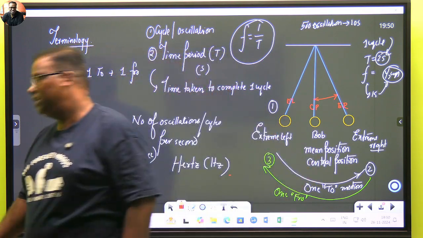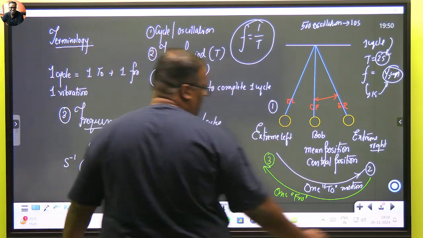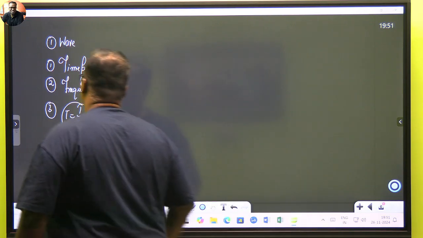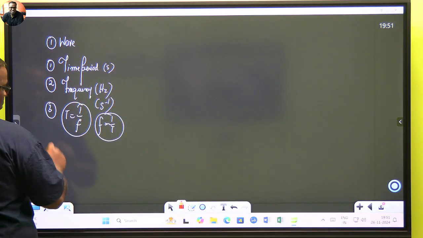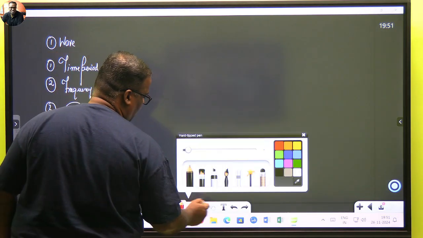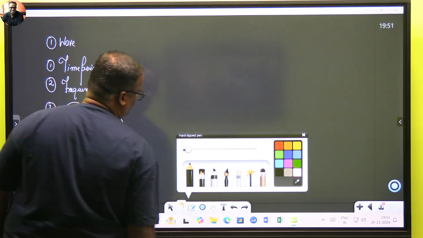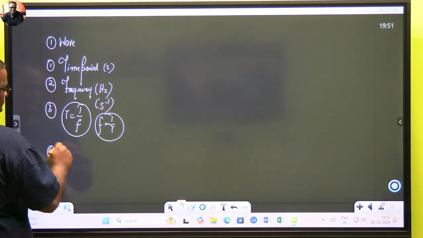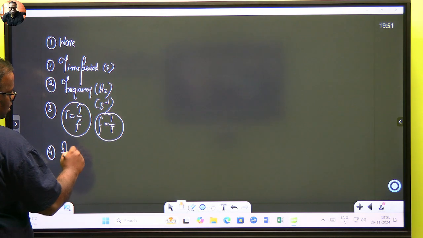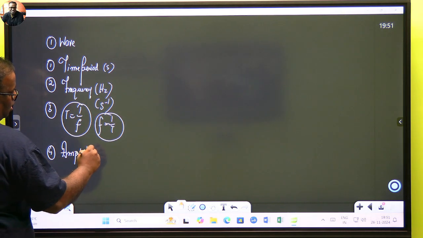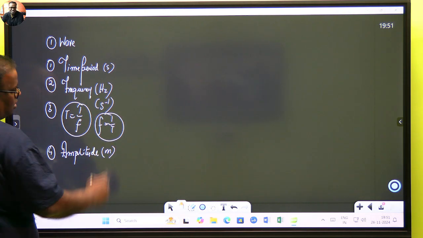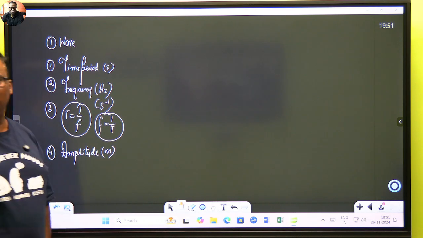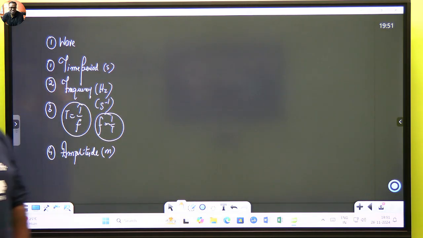So let us write that definition further. Our next thing that we learned, the fourth thing that we have learned is amplitude. It is measured in meters. It can also be measured in angular amplitude, theta, how much theta you are moving, but we'll measure it in meter.